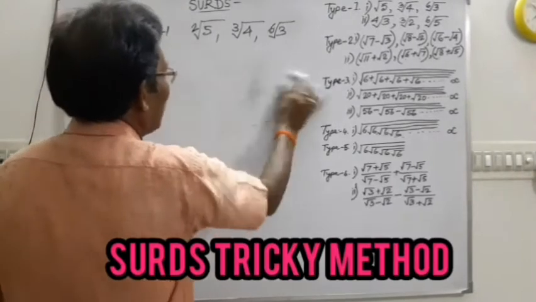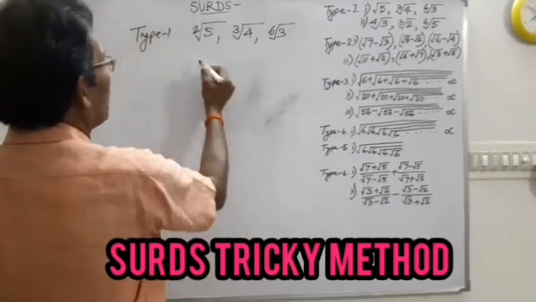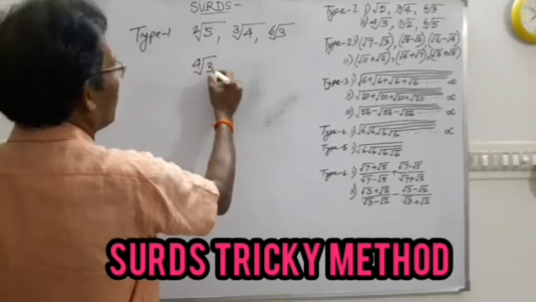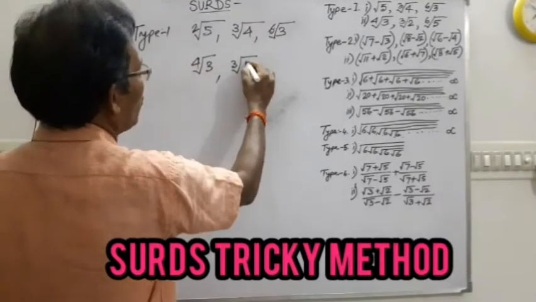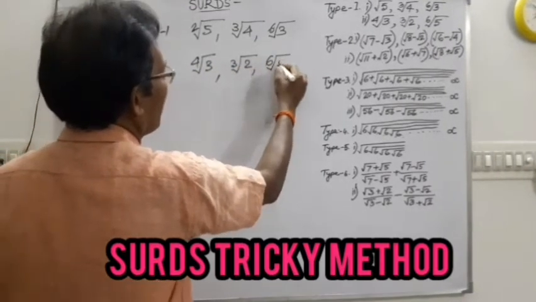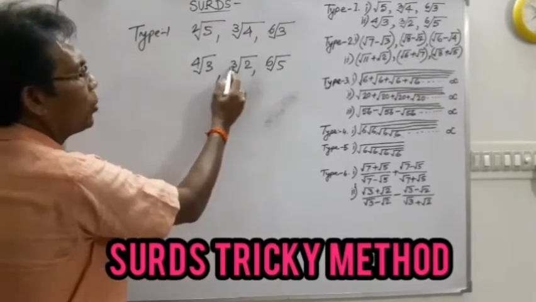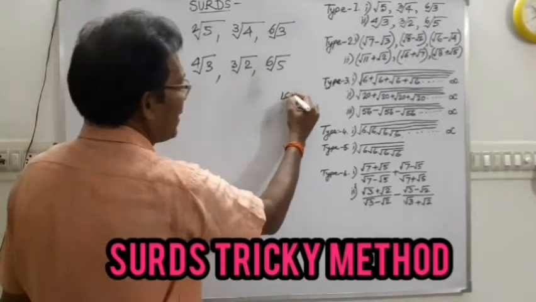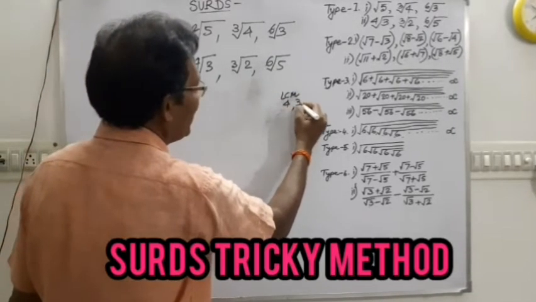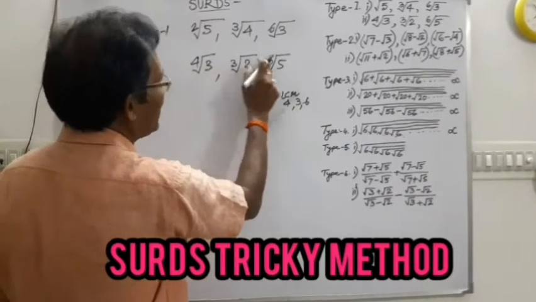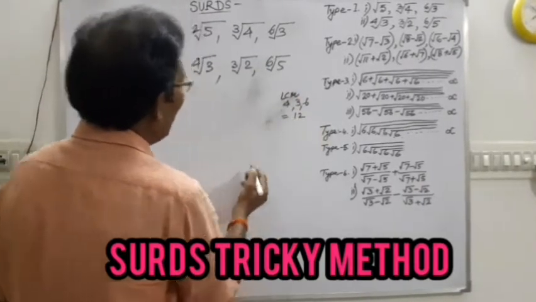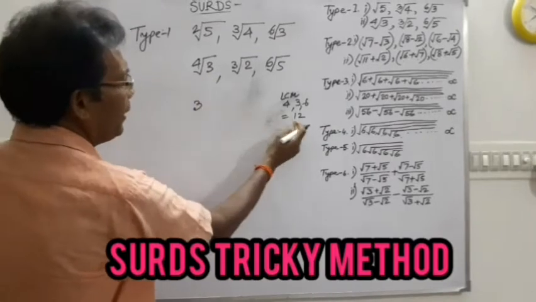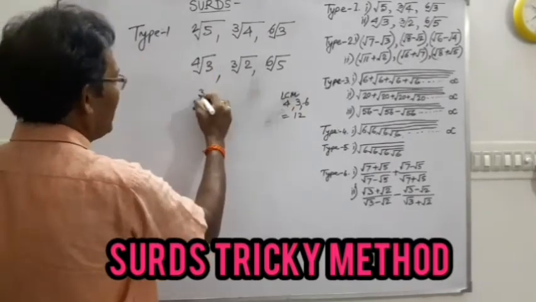Again, another example: the fourth root of 3, the cube root of 2, and the sixth root of 5. These are the root indices. First, the LCM of 4, 3, 6, the LCM of the root indices, is 12. Now the power of 3 will be 12 divided by 4, that is 3.